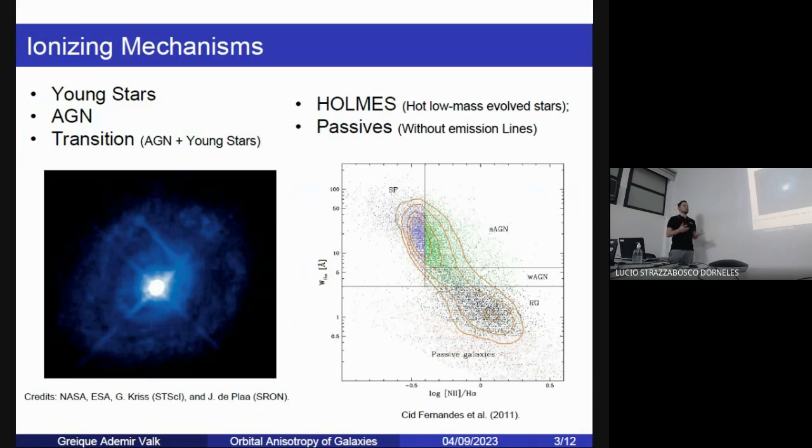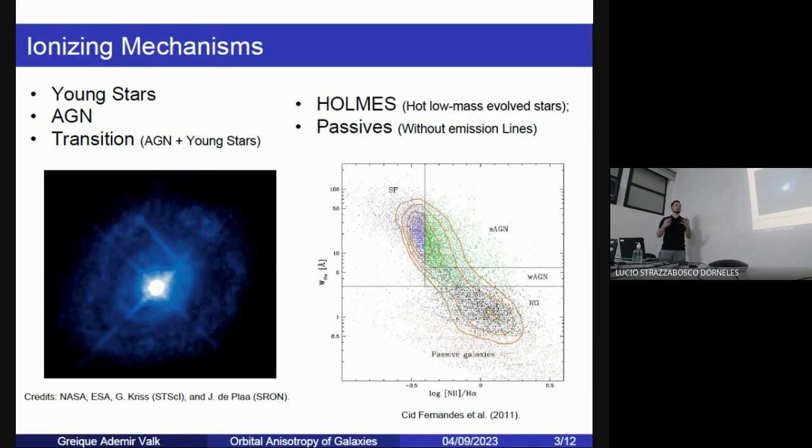When we look at galaxies, we can see that some galaxies present ionized gas and some don't. In the case when the galaxy has ionized gas, this gas can be ionized by young stars or by AGN.